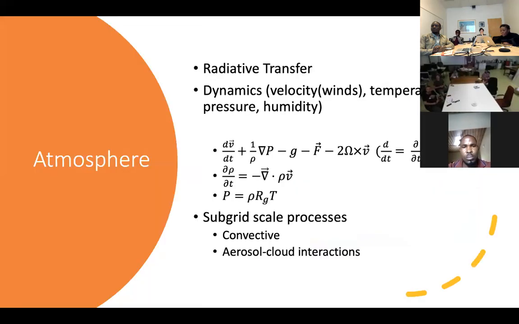So I will mainly talk about the atmosphere and the ocean components, which are the most dynamical components, the most fluid part of the system. For the atmosphere, the main source of energy into the Earth system is solar radiation.